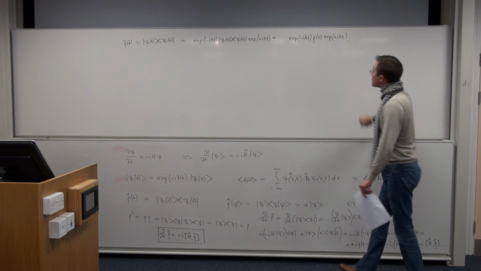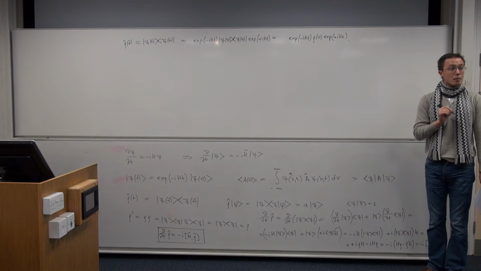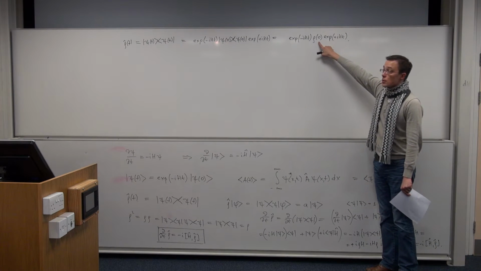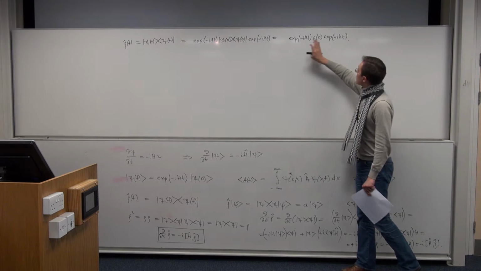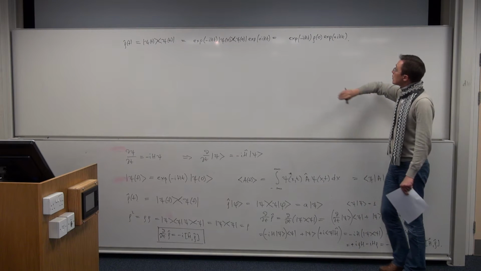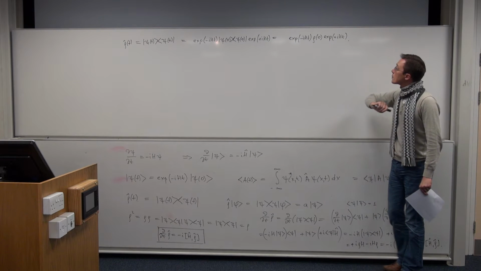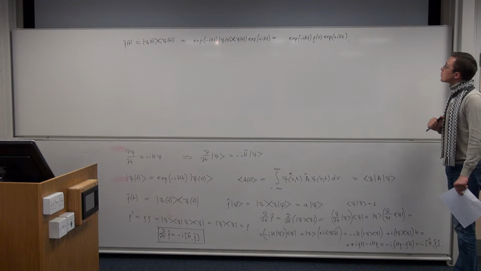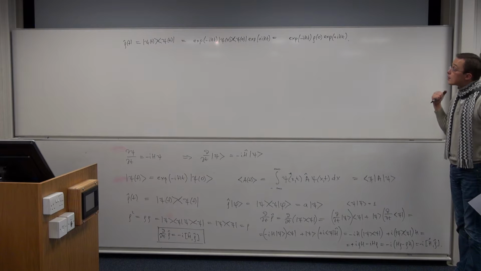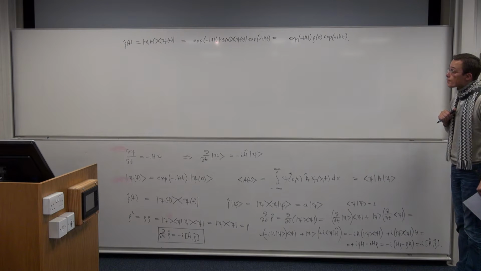The famous double-sided exponential propagation. You take your initial density matrix, you compute your exponential propagator with the Hamiltonian, you multiply it from either side by itself and its conjugate transpose, and we get the rho of time.